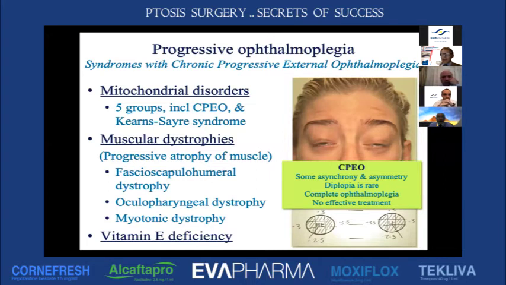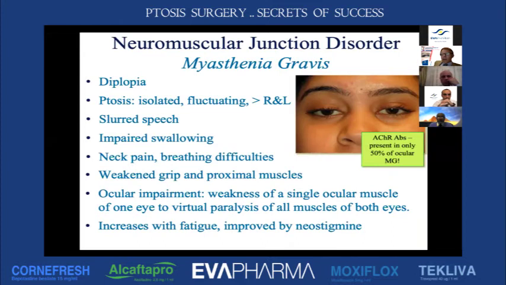The second condition that we'll be treating often with some form of adjustable silicone brow suspension will be myasthenia gravis, of course. In the order in which they tend to be most problematic, we have diplopia number 1, and ptosis number 2. Now the ptosis can be isolated and it can fluctuate, but eventually it tends to lead to bilateral disease.